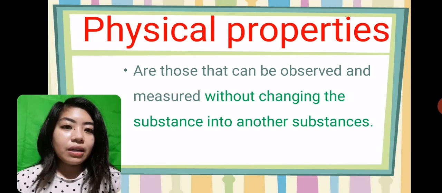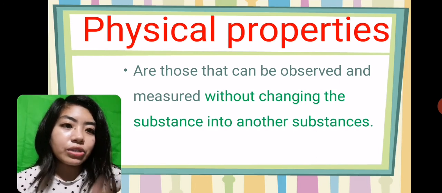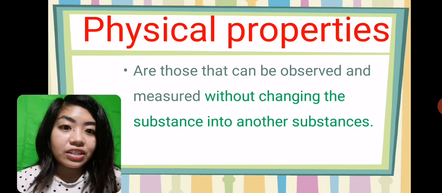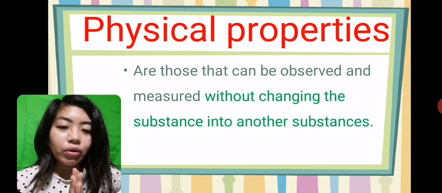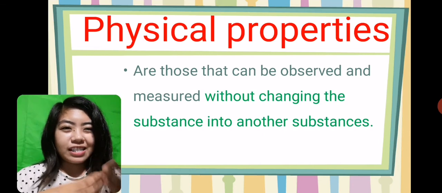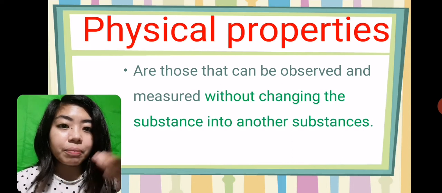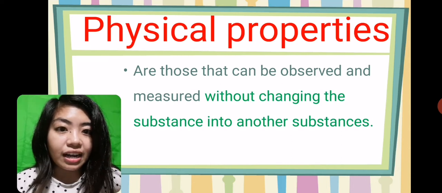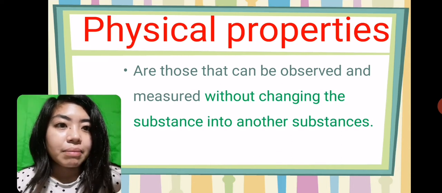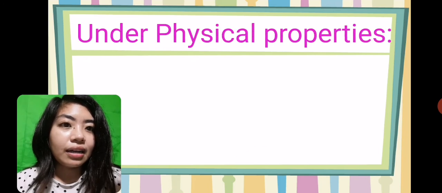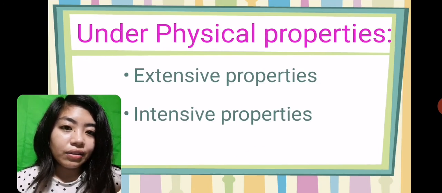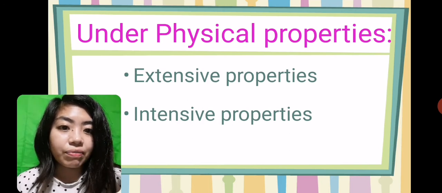Or ibig sabihin, kahit anong gawin mo sa kanya, yun pa rin siya. Kunyari, babaguhin mo yung color niya, babaguhin mo yung size niya, still, yun pa rin yung properties na meron siya. Hindi siya nabago. Under physical properties, it is also divided into two. We have the extensive and intensive properties.